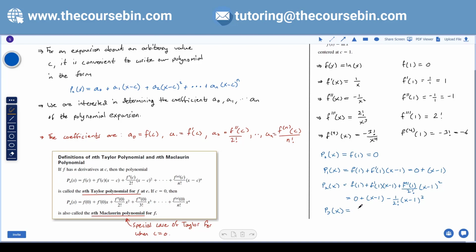Alright, so I'll just skip past the 0 this time, but for P3, you're going to get x minus 1 minus 1/2 of x minus 1 squared, and plus 1/3 of x minus 1 cubed, right? So that's just if you follow the formula written here using the values written here.